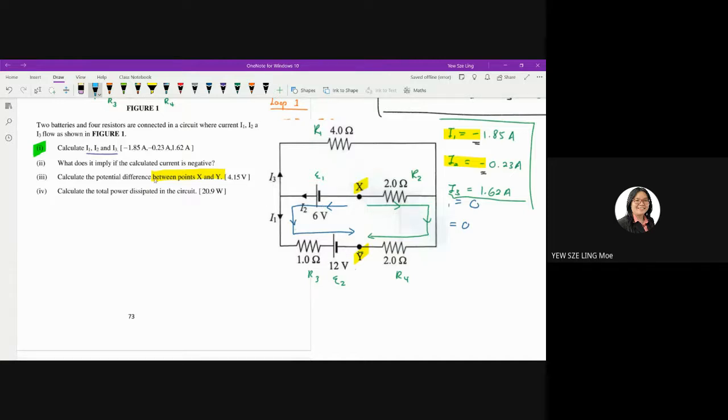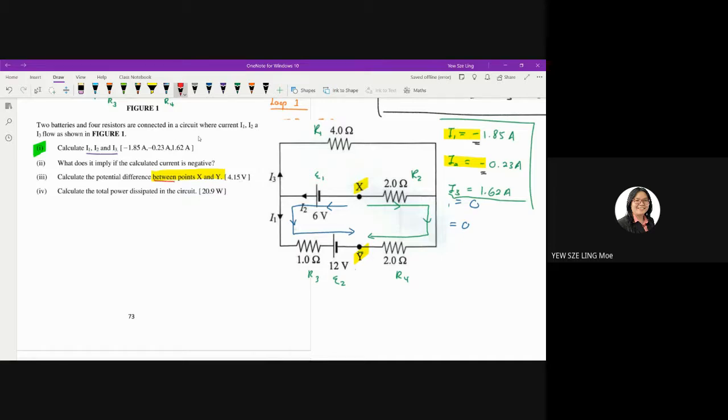It doesn't matter. Why? Because the question just asks for the potential difference between point X and Y. If the question asks you to determine the potential difference from X to Y, then you must use Vy minus Vx. Between, it doesn't matter. You can use Vx minus Vy or Vy minus Vx.